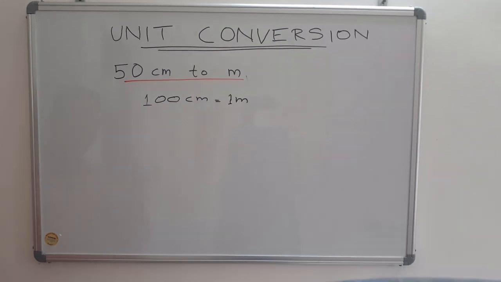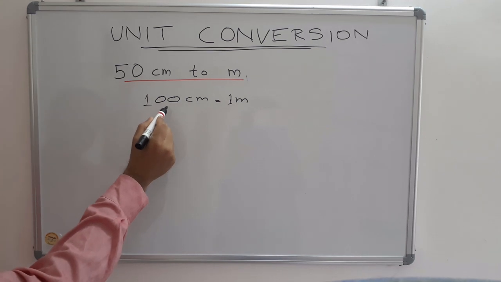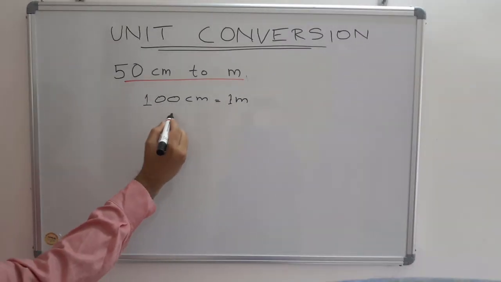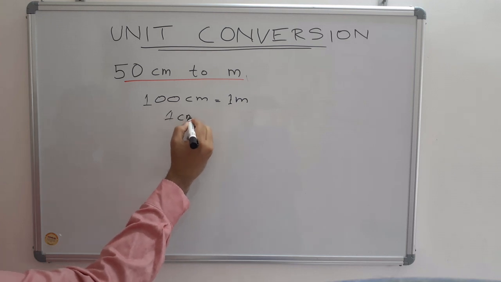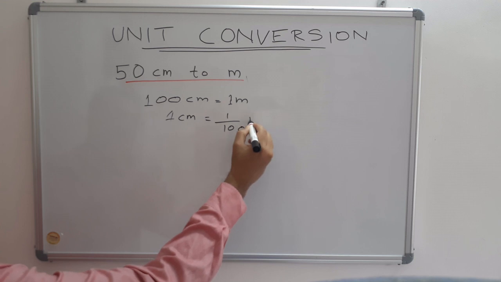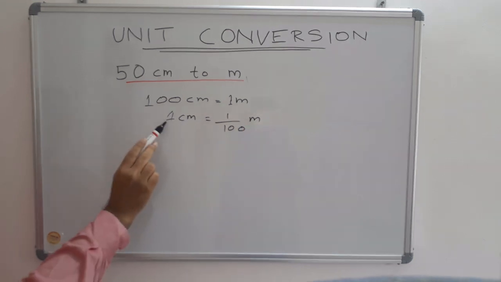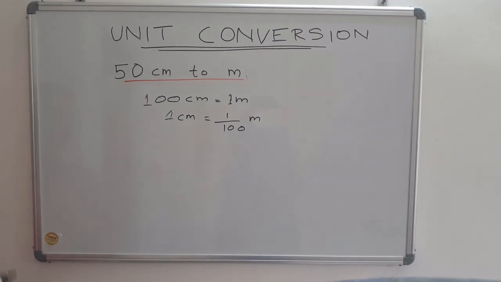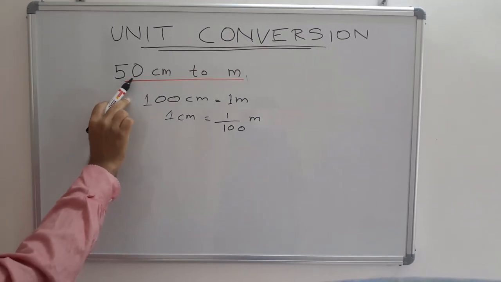So what is 1 centimeter equal to? To find that, just cross multiply the coefficient of centimeter here. That is 100. So when we do that, we will get 1 centimeter equal to 1 by 100 meter. Once we get one source unit equal to the target unit, we just have to multiply with what we need to get.